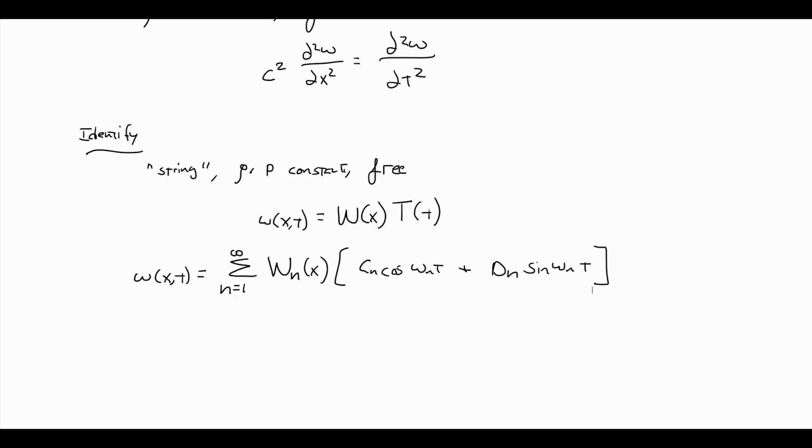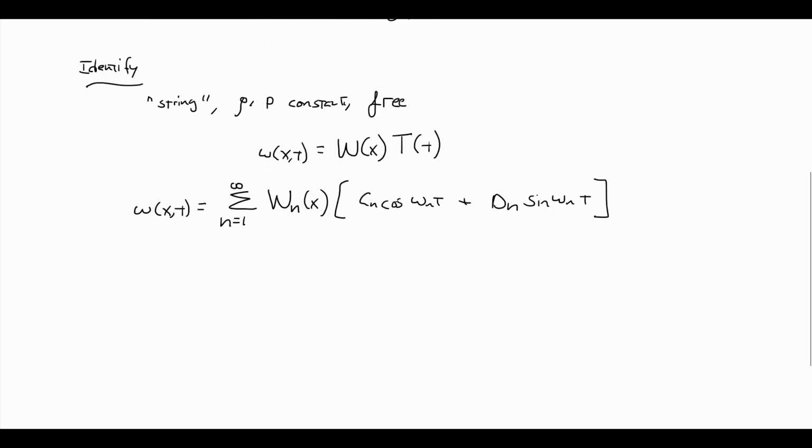So we're going to need to determine the natural frequencies, all infinite of them, the eigenfunctions, which are going to relate to those natural frequencies, and the c_n and d_n coefficients, which will have an infinite number of those as well. So that's what we need to fill in to get that closed form solution, which we will be able to do because of the simplicity of how the system is put together, and because, as we're about to see, we have homogeneous boundary conditions.